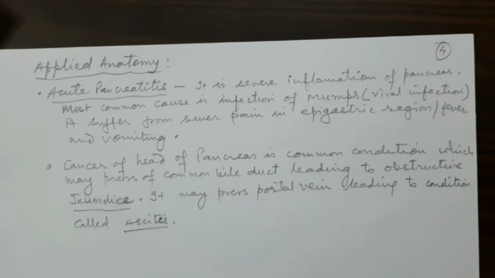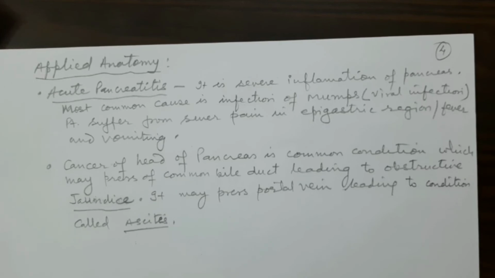Okay, so this may press onto the portal vein, and the portal vein is draining blood from where? Almost the whole of the intestine. Okay, that means through the superior mesenteric vein, and through the inferior mesenteric vein, which opens into the splenic vein.